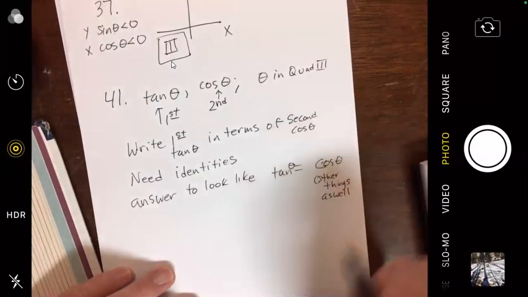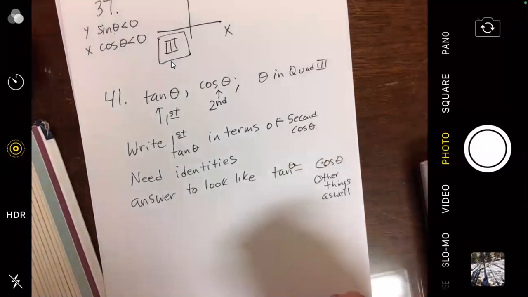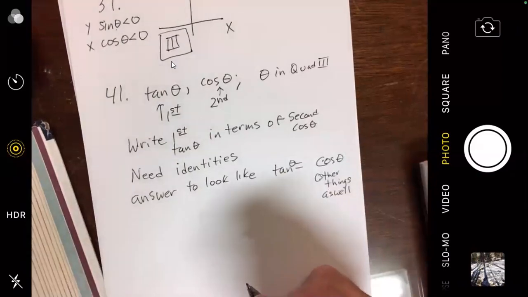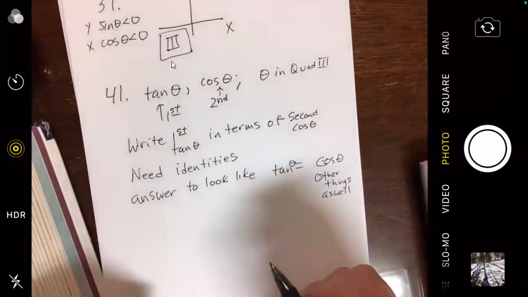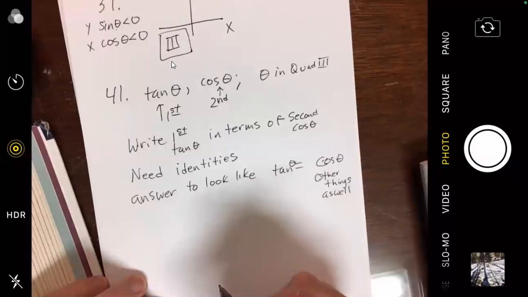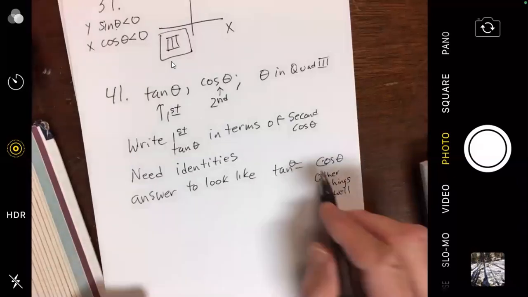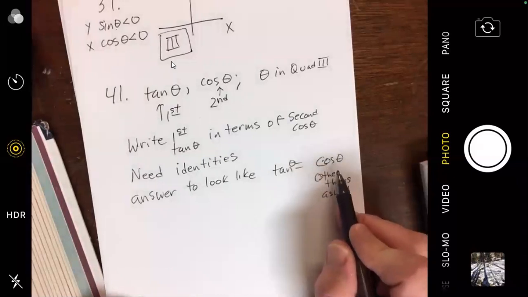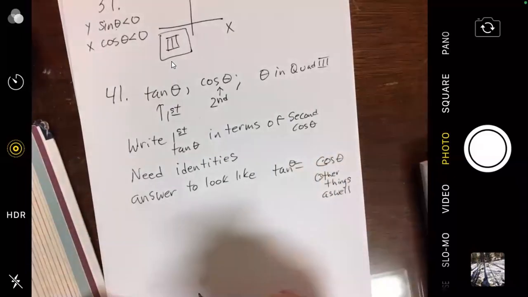There's several ways to do this. Let's see. I don't think they directly want sine theta over cosine theta. They really would like only cosine theta here, and you might have other numbers.